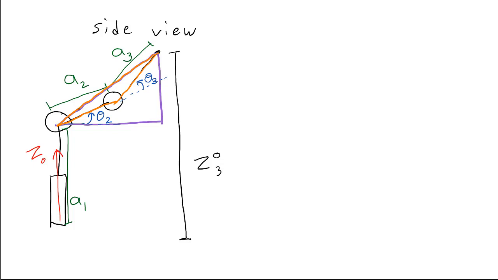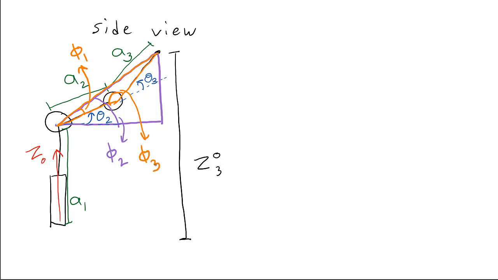Now I'm going to label some of the angles and sides that will be useful in my derivation. This angle I'll call theta 1. This angle, which is a part of the purple triangle, I will call theta 2. And then I'll label one more angle in the orange triangle, this one right here, I will call phi 3.